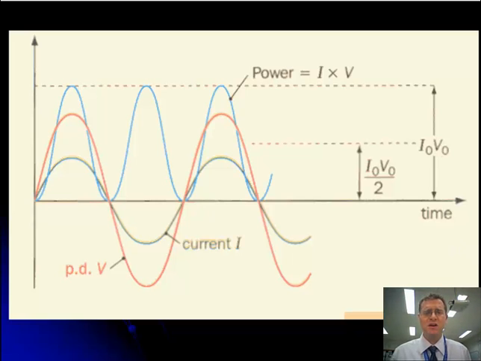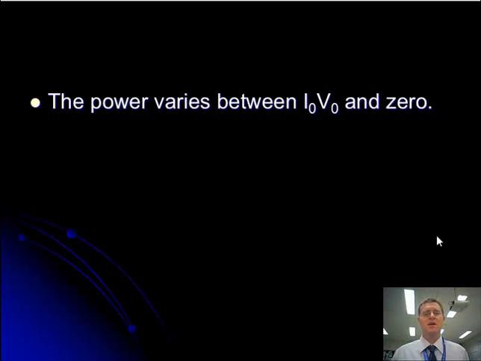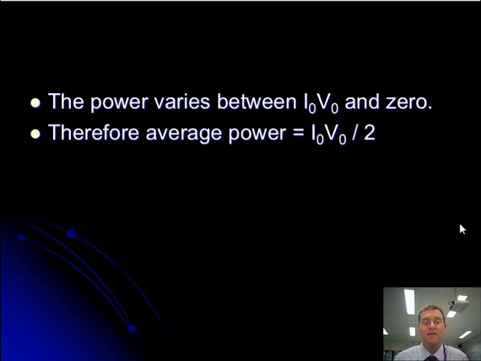Okay, so this is interesting enough. Let's look at a little bit more detail. We can see that the power varies between the peak current times the peak voltage and 0. The average power is therefore half of this.